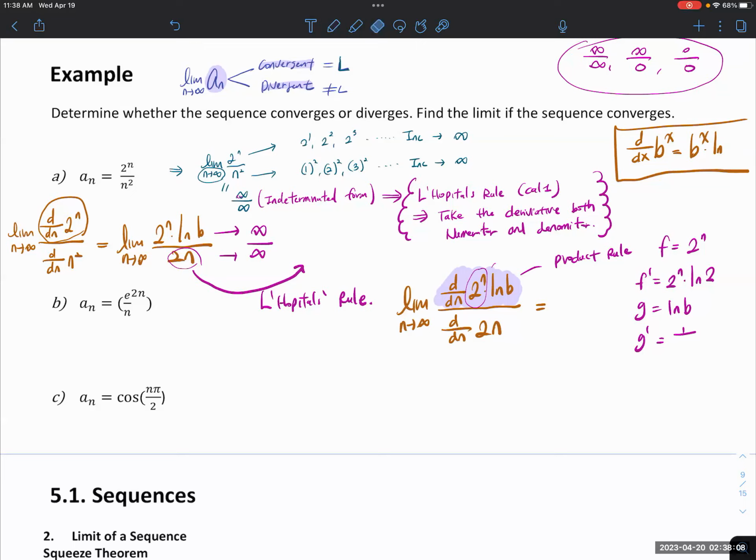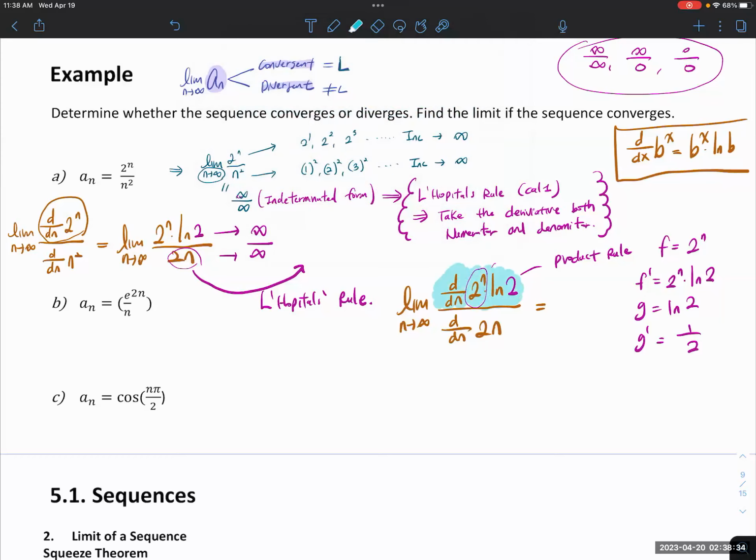So this is ln b. B is already given 2. So this is a 2. So let me change this one too. So just change everything, ln. This is ln 2. So therefore, it is going to be 1 over 2 g prime. Are you following here? So let me highlight it.